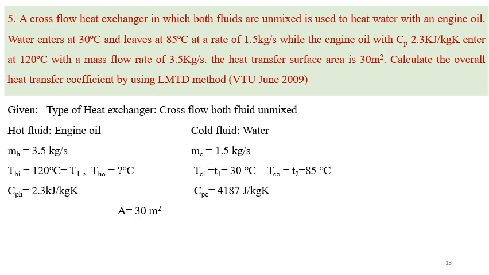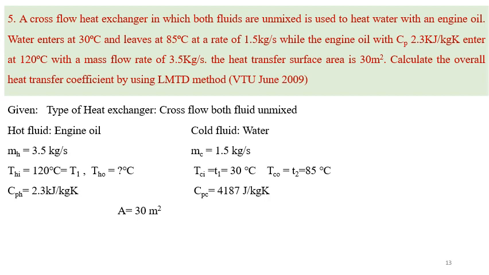Outlet temperature of hot fluid is also unknown. Inlet and outlet temperature of cold fluid is given, 30 degrees centigrade to 45 degrees centigrade, and Cp is given. Okay, and they asked to calculate using the LMTD method.